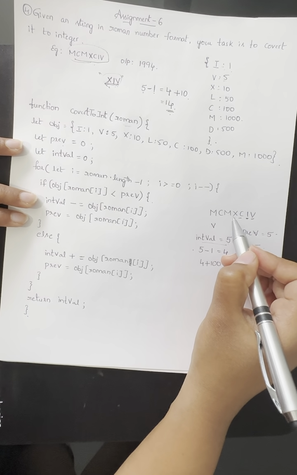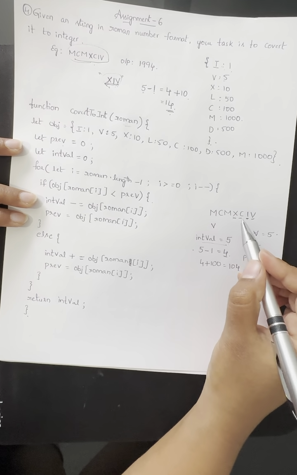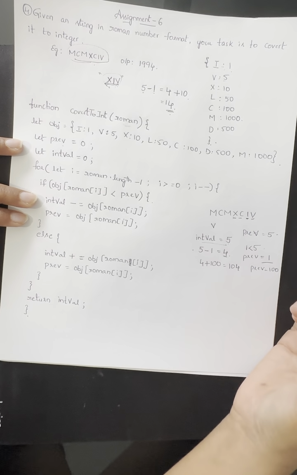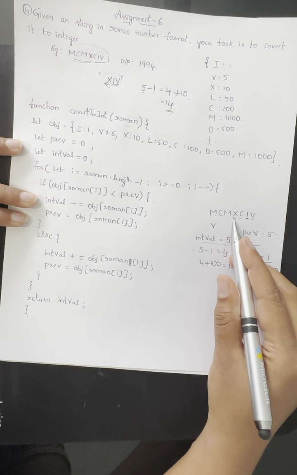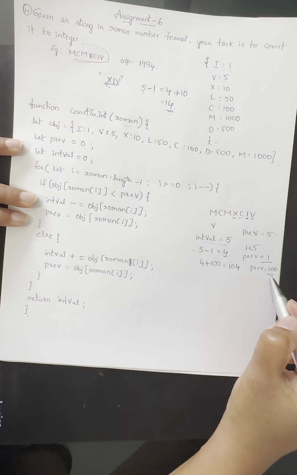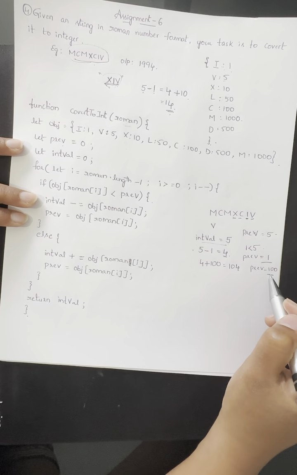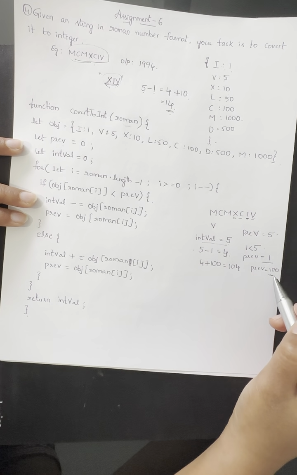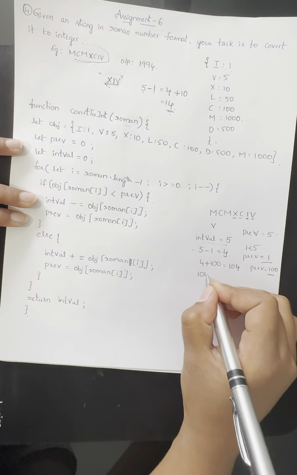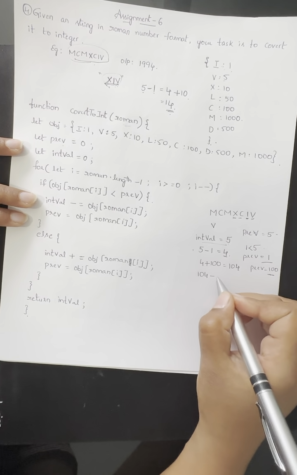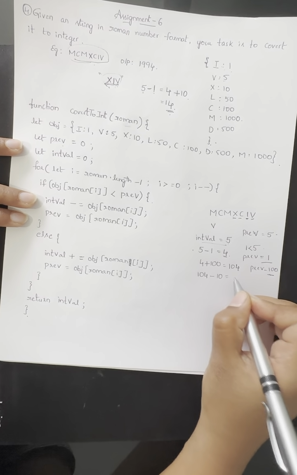Then i is decremented, which is X. X is 10, and 10 is less than the previous value, 100, so we subtract it from the integer value. So 104 minus 10 becomes 94.